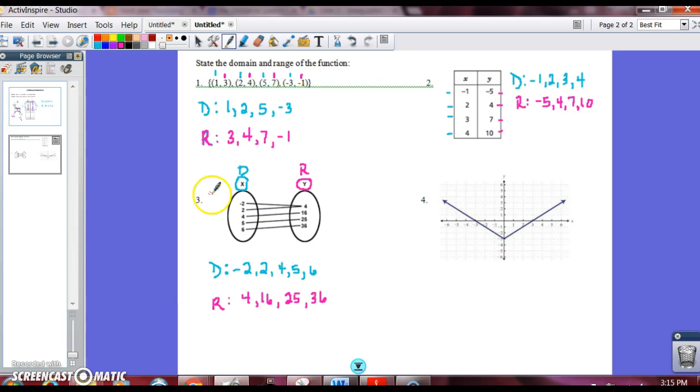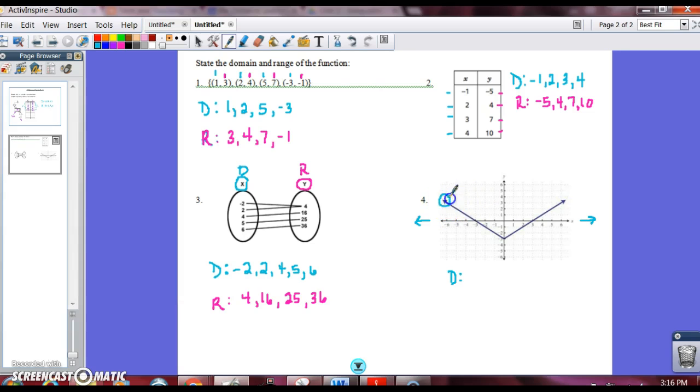So for your domain, you want to figure out what all of the possible x values are. Remember that for domain, for x, you're seeing how far it goes this direction and how far the graph goes in this direction.